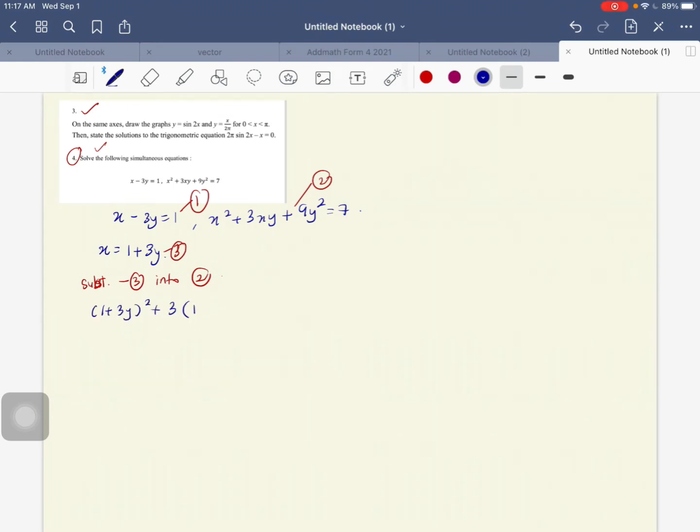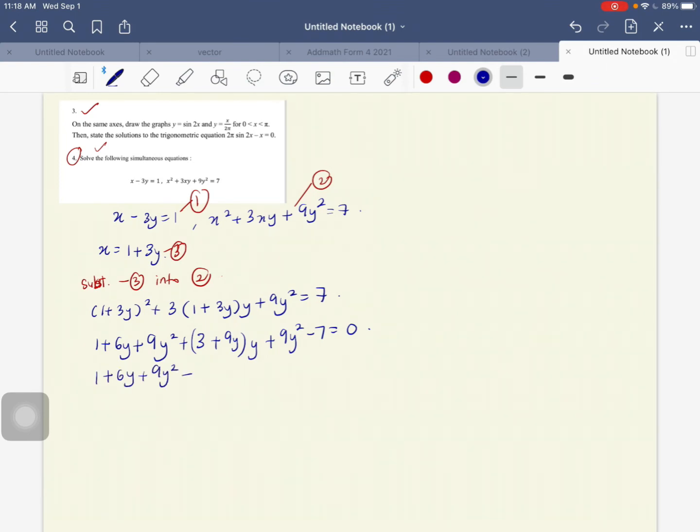I am replacing all my x with 1 plus 3y, so the only variable left in this equation is y. Make it equal to 0, then simplify it again until you only see a quadratic equation in the general form.